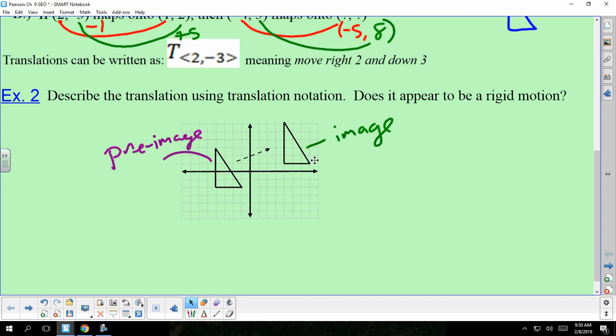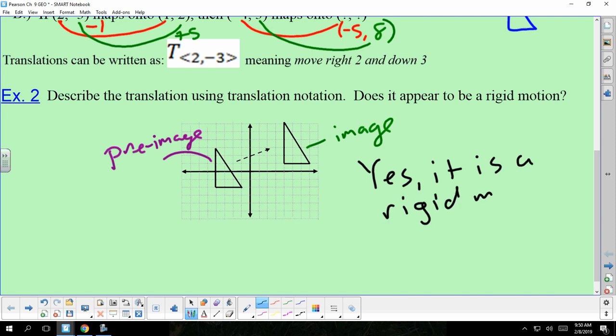So, yes, it is a rigid motion, meaning the triangles are congruent. Okay? With rigid motions, we have figures that have all the same angles and all of the same side lengths, which means that we have congruence between the two.